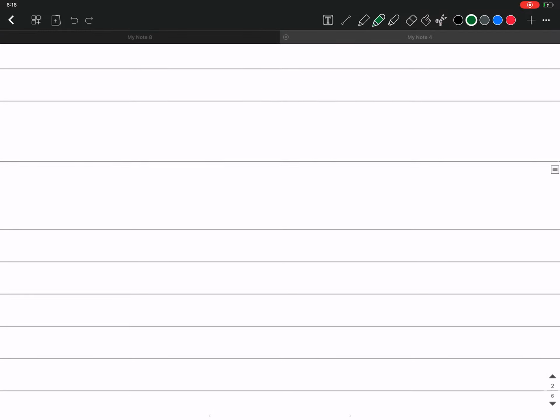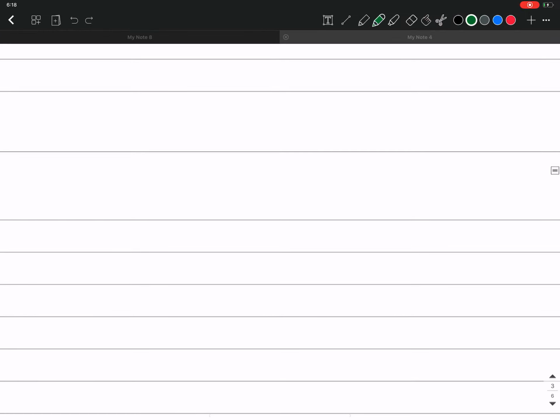So let me start here. Dimensions and units.